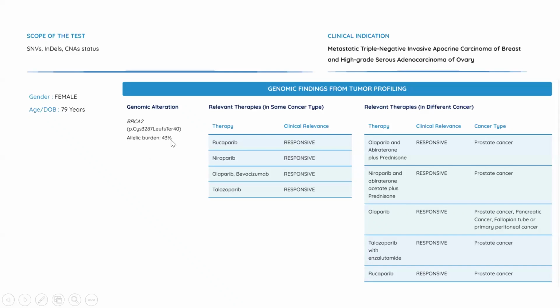Here this BRCA is a pathogenic alteration. This particular patient was 79 years of age. She had two different malignancies, breast as well as ovary. So this is a high-risk scenario, dual malignancy. Hence, when you go back and look at her profile, if you got this allele burden as 13% or 18%, you will consider that it is an aging related factor, and hence it is a pure somatic.